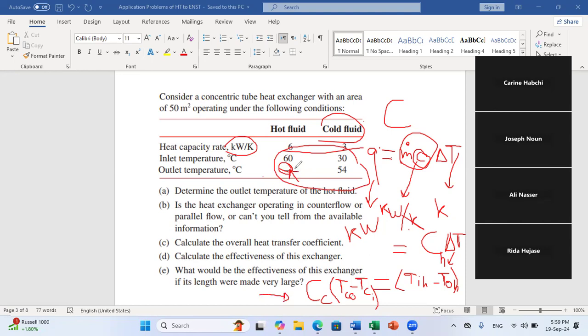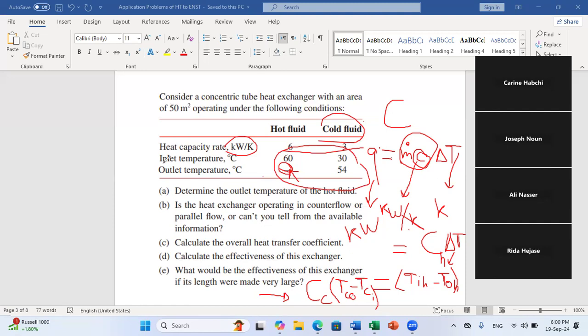Now, to know if the heat exchanger is counterflow or parallel flow, we know that if it's parallel, it's impossible that the outlet cold temperature be higher than the exit temperature of the hot fluid. In case it's higher, then it's of course counterflow.